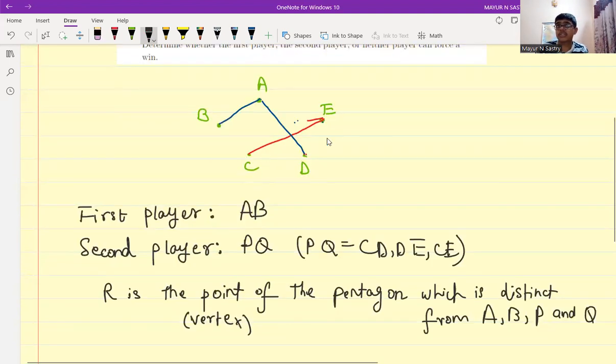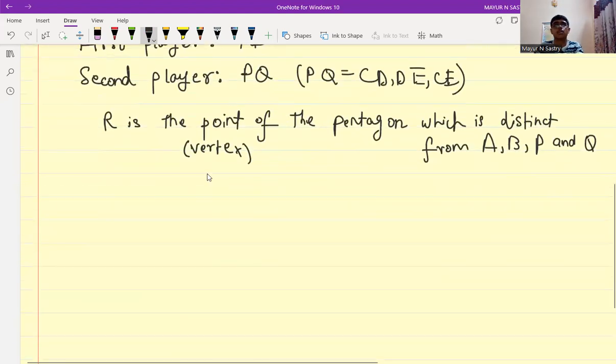Here PQ would be CE, and since I joined AD, I would be joining AR.